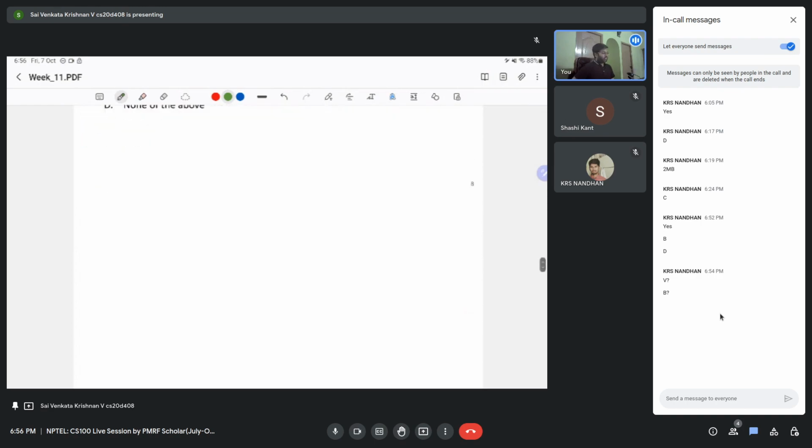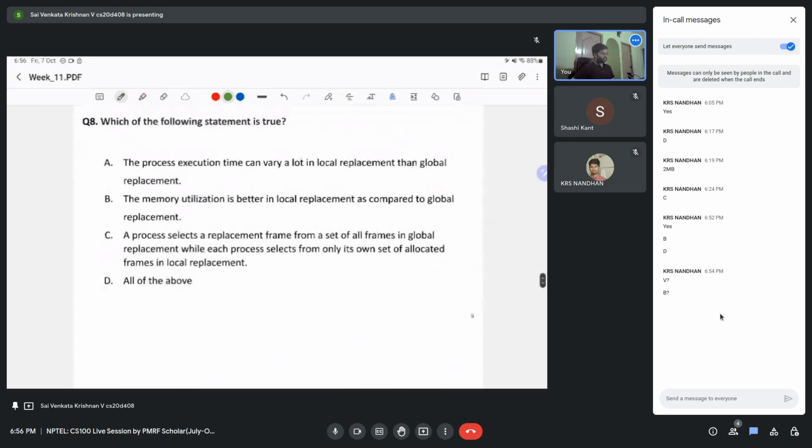If no doubts, then let's move to question 8. Which of the following statements are true? The process execution time can vary a lot in local replacement and global replacement, or the memory utilization is better in local replacement as compared to global replacement, or the process selects a replacement frame from the set of all frames in global replacement, while each process selects from only its own set of frames in local replacement, or option D, all of the above.